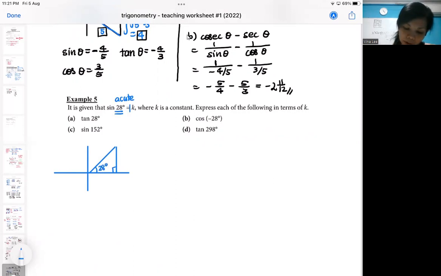So you are going to visualize the K as K over 1, O over H. So the opposite is K. The hypotenuse is 1. So you do your Pythagoras.